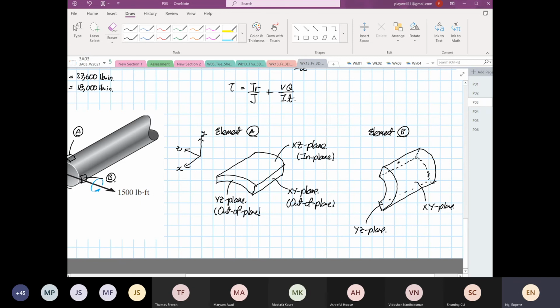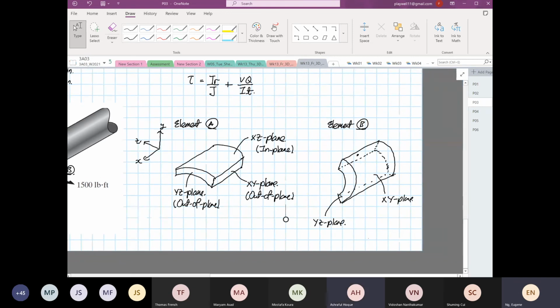What I want to highlight is this: that's the XZ plane. So now you know that this is your in plane, and these are your out of plane. Does that make sense now?